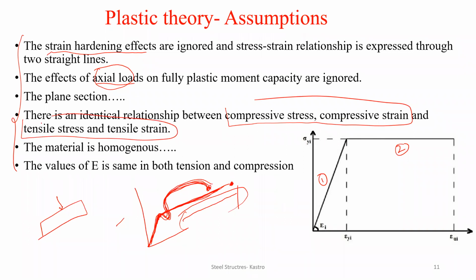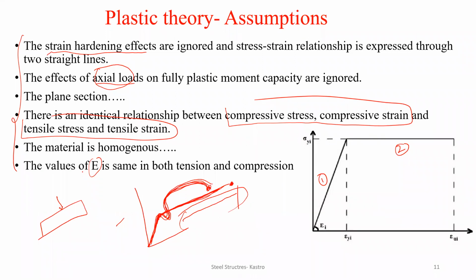And the material is homogeneous. Okay, that is also true because we are using only steel members. So the entire beam is a steel section, that means it's a homogeneous section. And the value of the modulus of elasticity, that is capital E, is the same in both tension and compression. So these are the 6 assumptions which we are going to make in the plastic analysis.